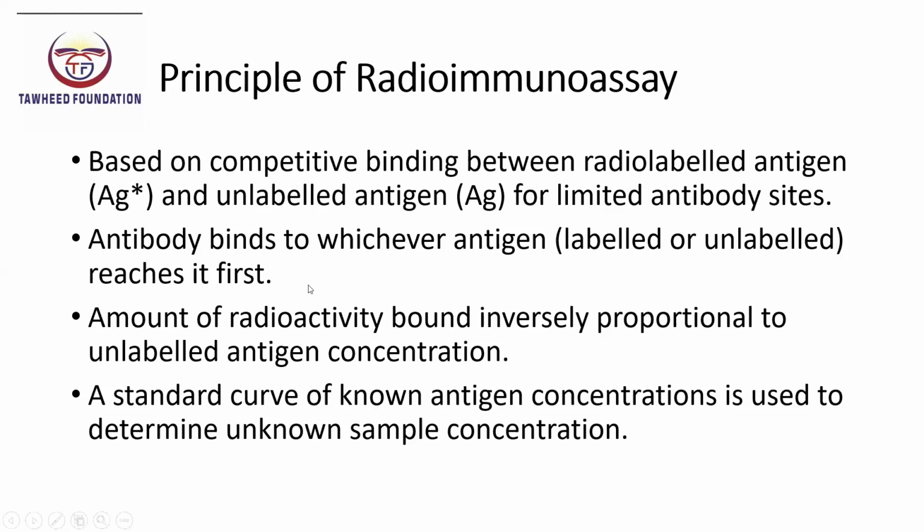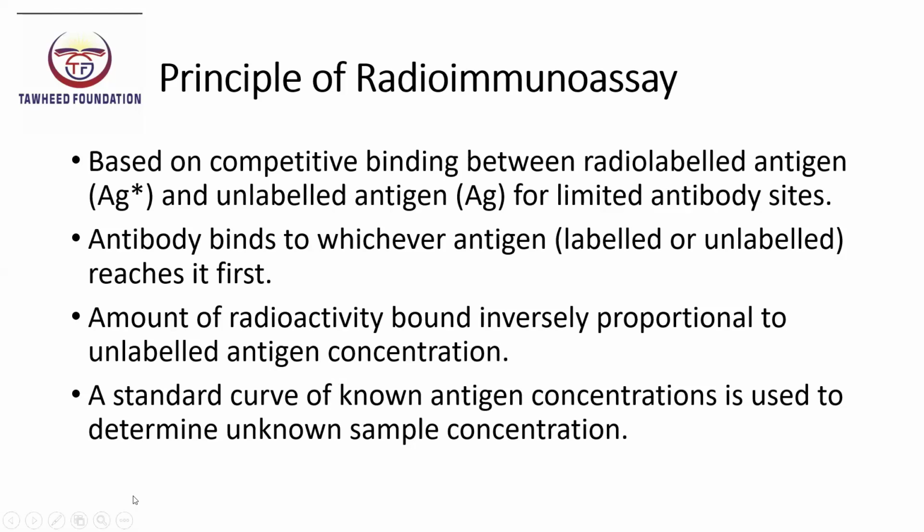As a result, the amount of radioactivity bound to the antibody is inversely proportional to the concentration of unlabeled antigen present in the sample. The greater the concentration of unlabeled antigen, the fewer radio-labeled antigens are bound.